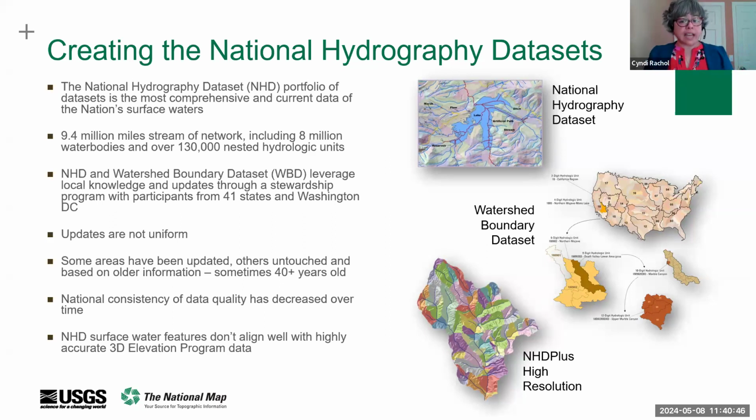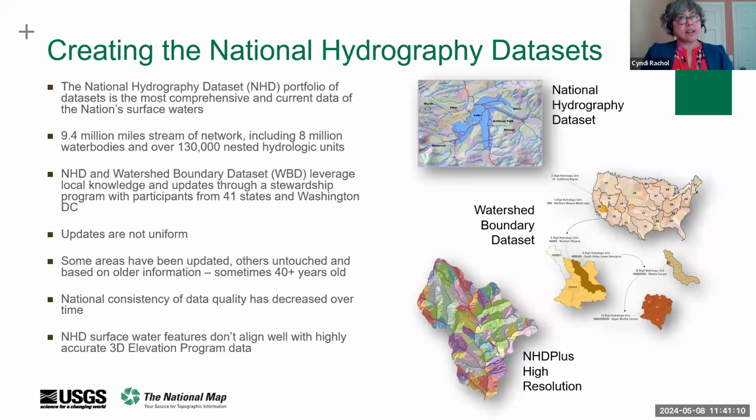However, some areas have been updated while other areas have been untouched, and those areas could have data that are 40 years old or older. This has led to a national inconsistency and has progressively decreased our quality over time, because the upkeep of the data set has not been uniform.